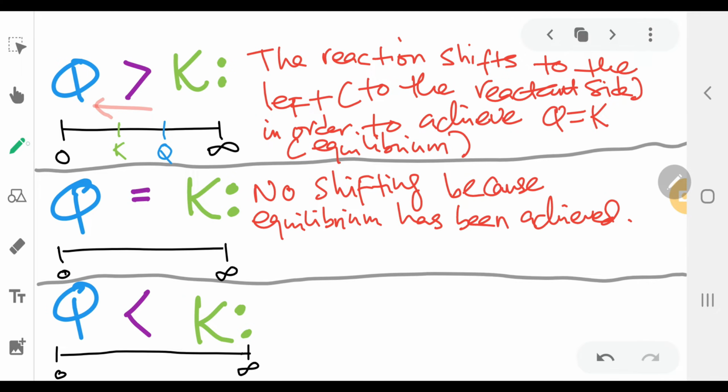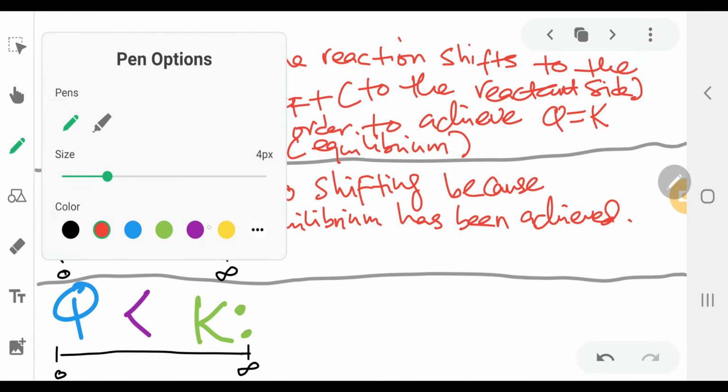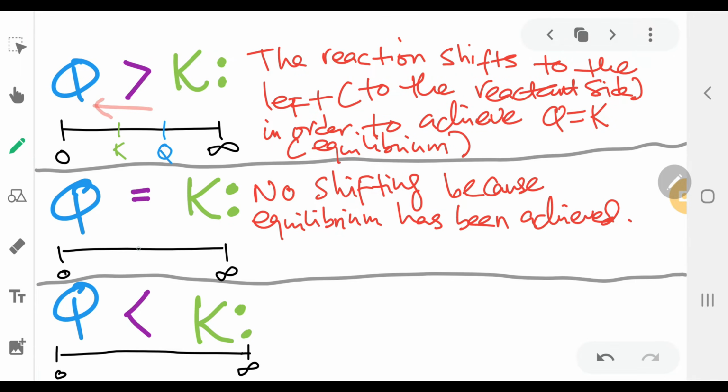So when the value of Q equals K, you don't have shifting because equilibrium has been achieved. So that means Q is the same as K.